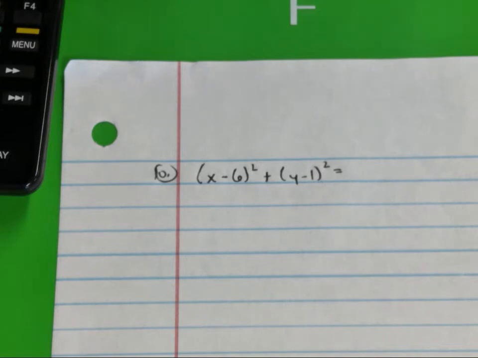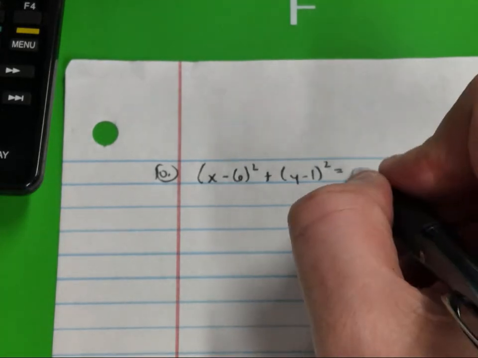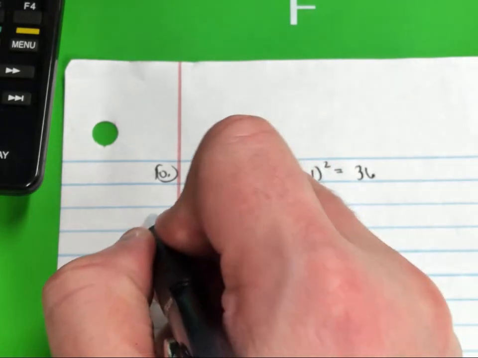How far is it away from the y-axis? Is it 6 or 1? It's 6, because if you're at 6, 1, it is 6 units from the y-axis. I was just going back and forth, seeing if y'all got it. So your radius would be 6, and what would you put in for the radius squared? 36.